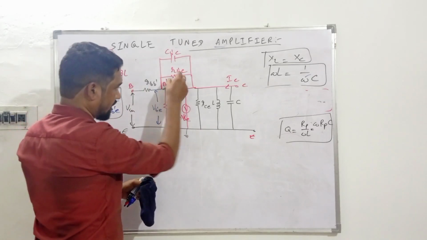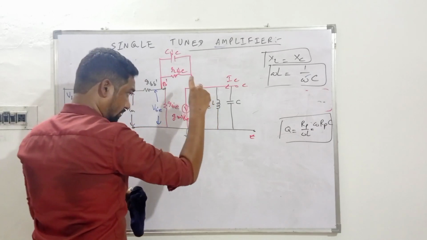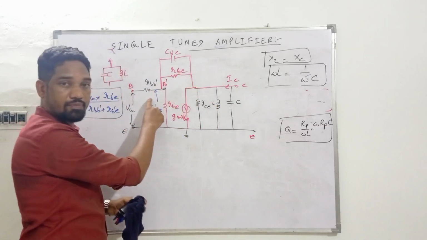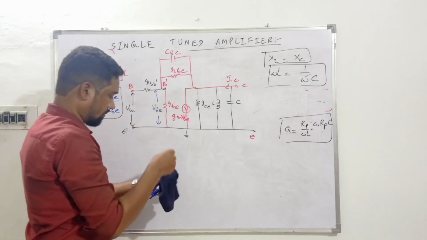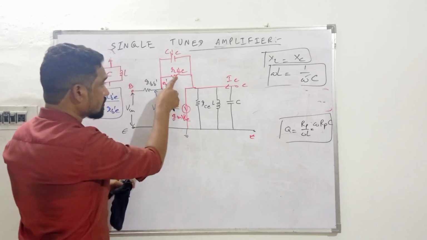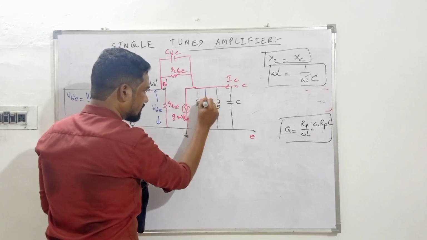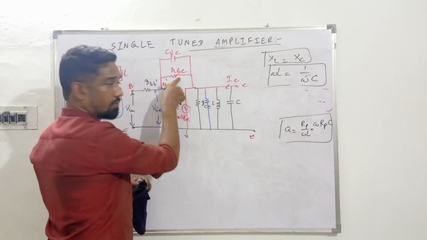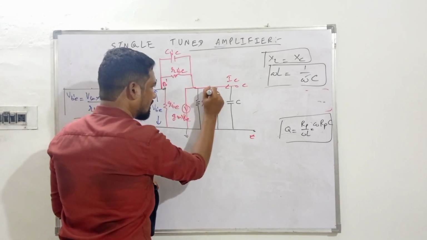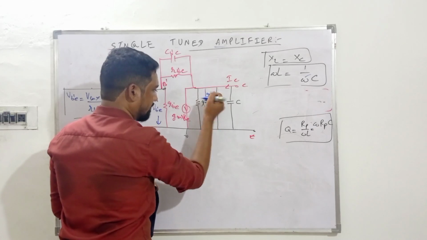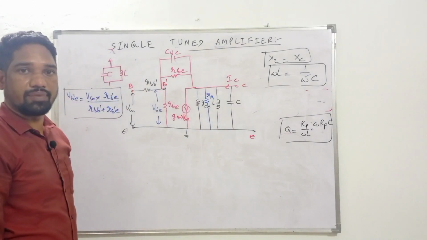Some part can be placed in the output and some part in the input. The resistance which appears across the output because of this, let that be Rm, Miller's resistance.